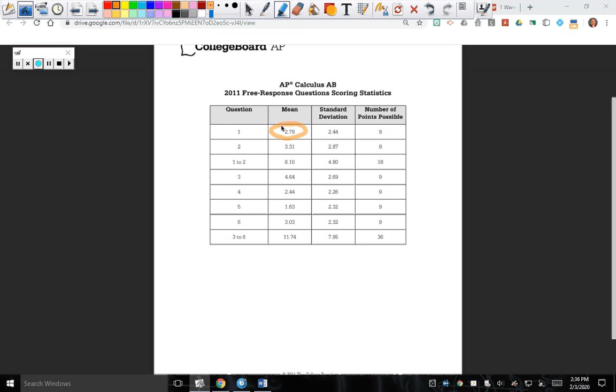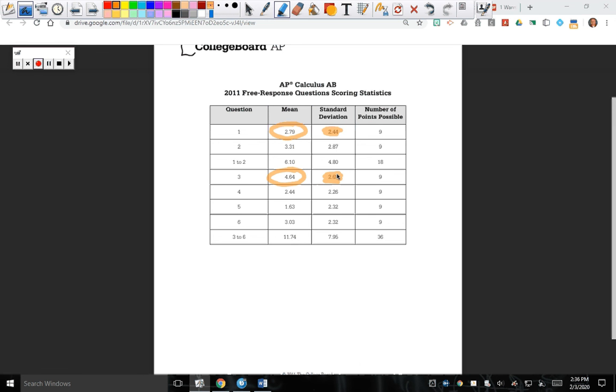Standard deviation of 2.4. Okay? And number 3, the average was 4.64 with the standard deviation of 2.69. So up to what? 7.2 out of 9.